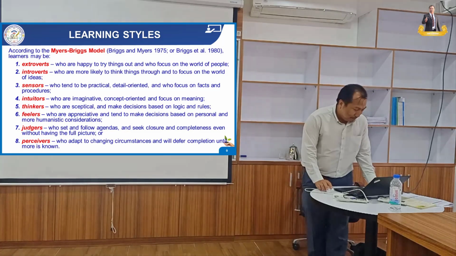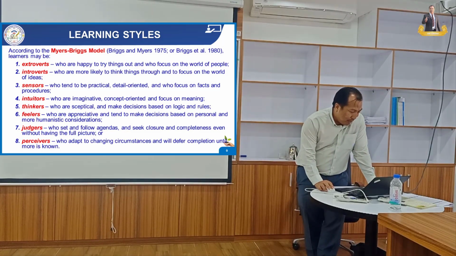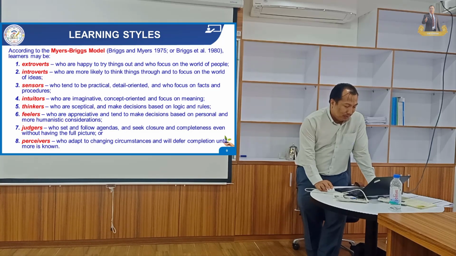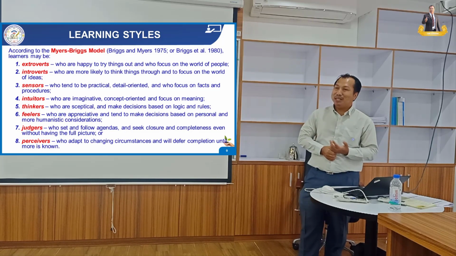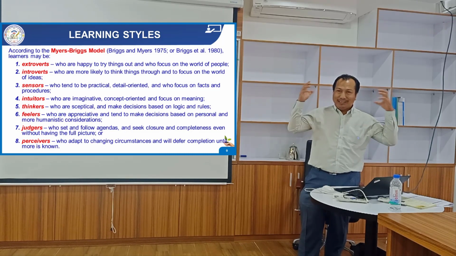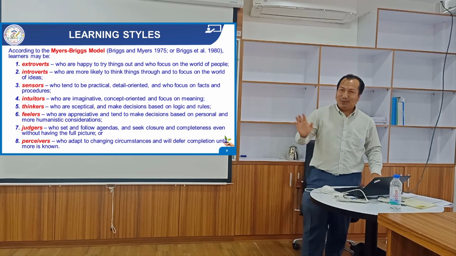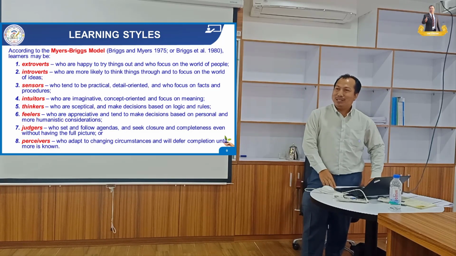And the fourth one is intuitors, who are imaginative, concept-oriented, and focus on meaning, right? They prefer their imagination and to bring some ideas. This kind of learner may be good at bringing good, new ideas, but if you ask them to carry them out, maybe not really.